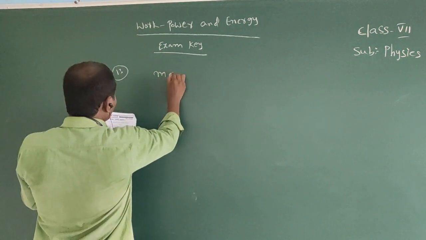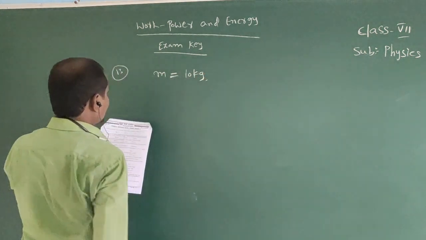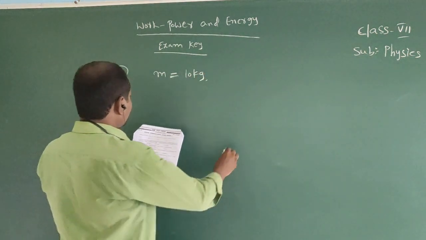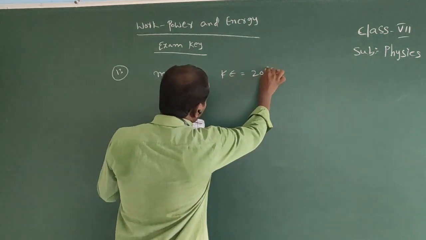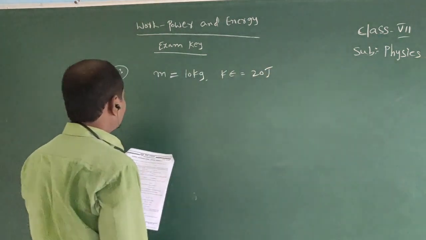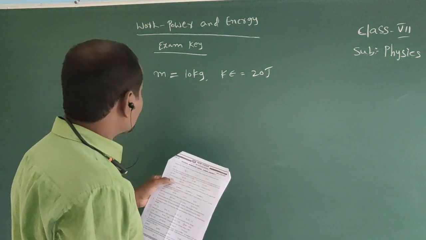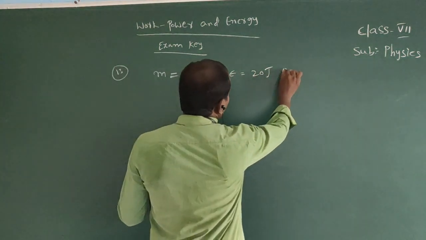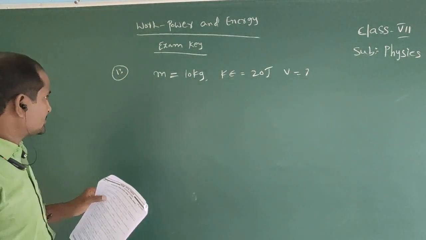Mass equal to 10 kg and K equal to 20 joules. Then find V equal to how much?